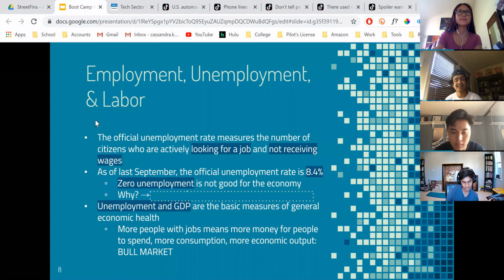Anyway, now you may think that zero unemployment is good, but it's actually not good for the economy. Does anyone want to take a guess why? I guess there's no new people that could be hired. It's good reasoning. Anyone else?